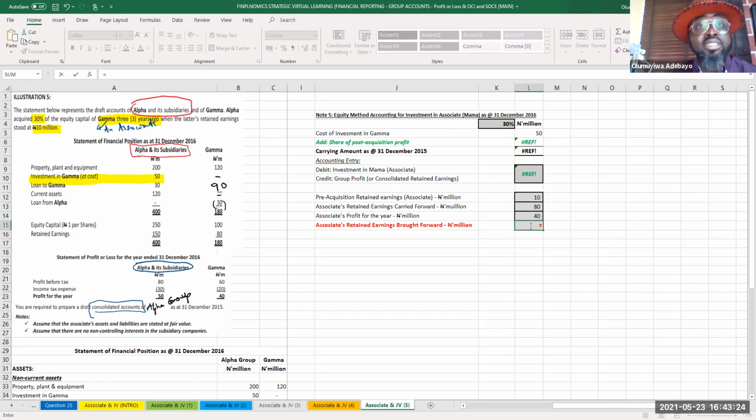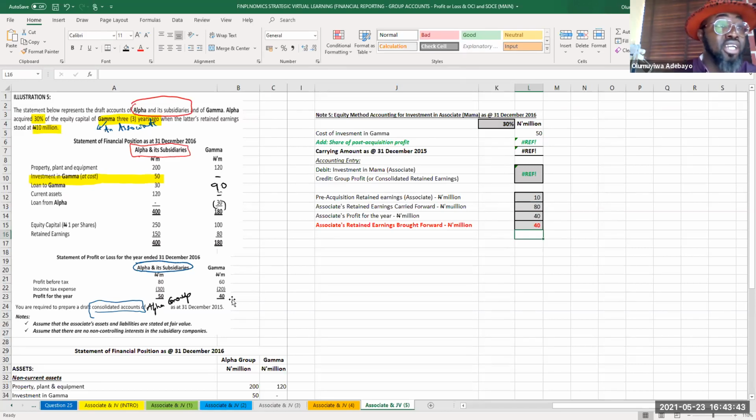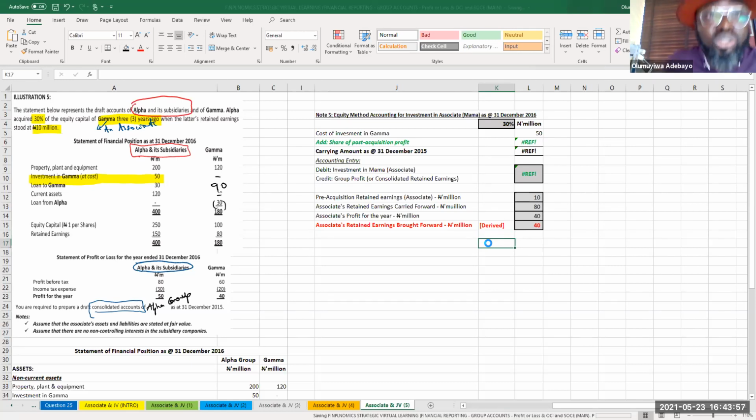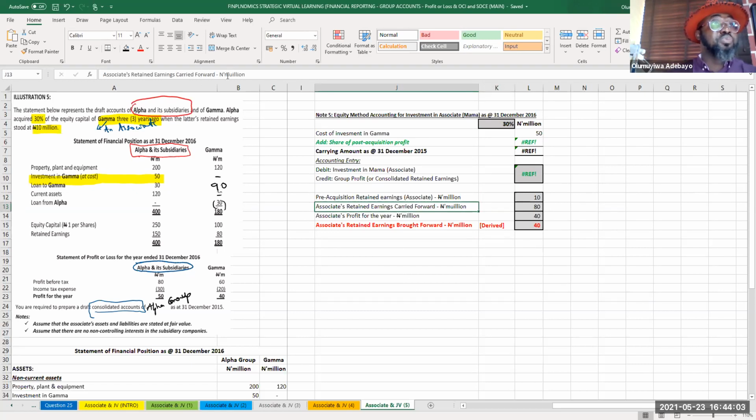If the retained earnings carry forward is 80 million and the profit for the year is 40 million, what will have been the opening retained earnings? 40 million. 40, which is the difference between this 80 and 40, which means you started with a 40 balance and the 40 million you made during the year add up to make 80. That is that. Remember, let me put it there. Derived. We derived it. It was not given to us on a platter of gold. Now, what else do we need to do?